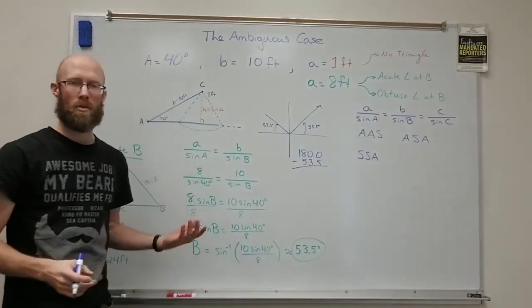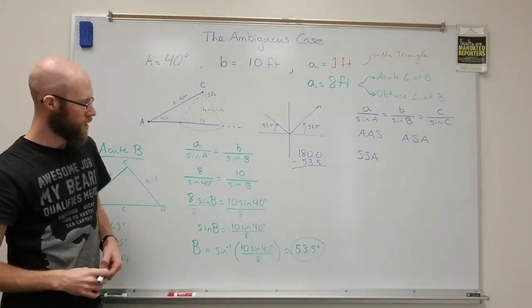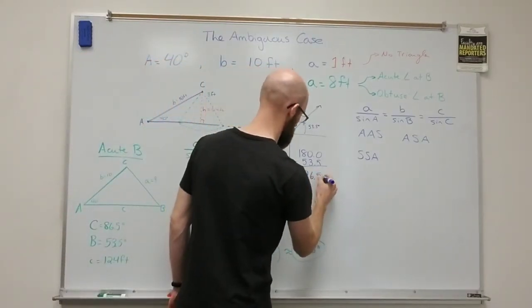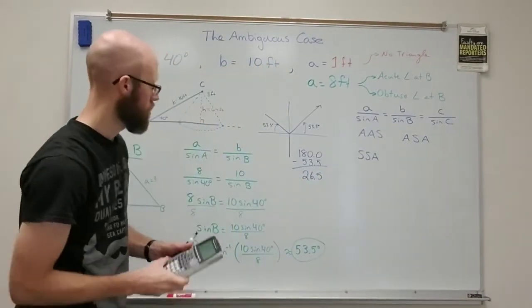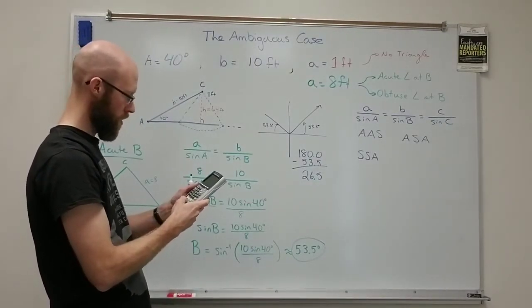Okay, and if you punch that in, you should get, what's that, 26.5? 180 minus 53.5.